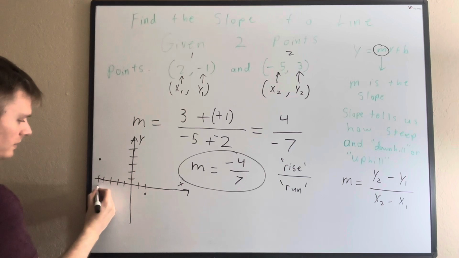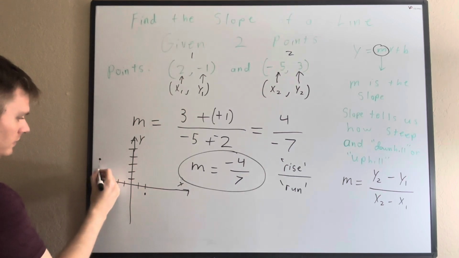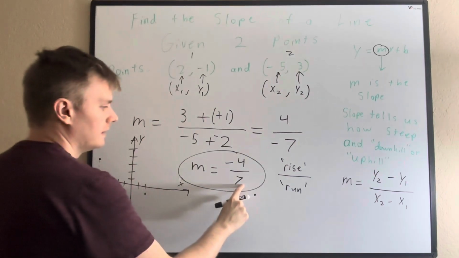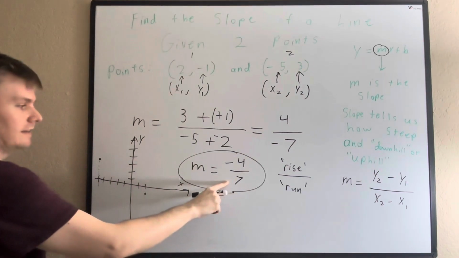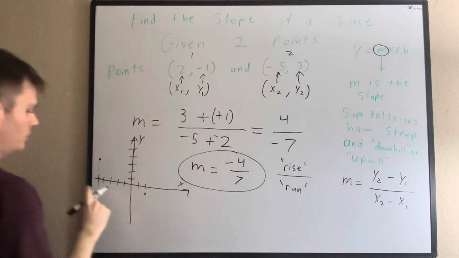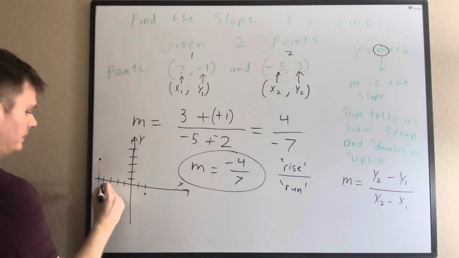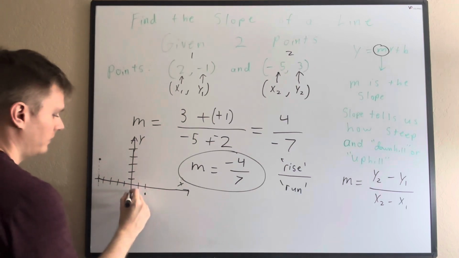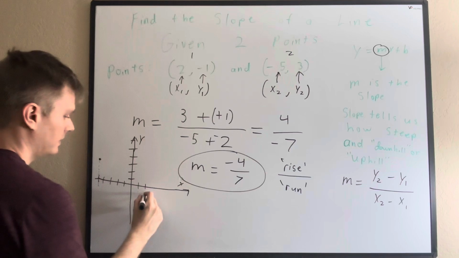So we're down here, right? All the way down here. And then we run 7. That is not negative. That is positive. So we're going to go to the right 7. 1, 2, 3, 4, 5, 6, 7.